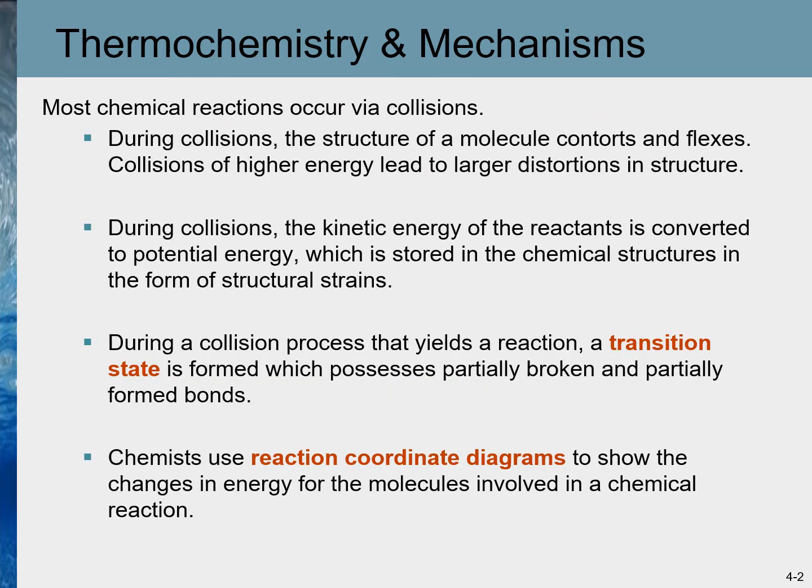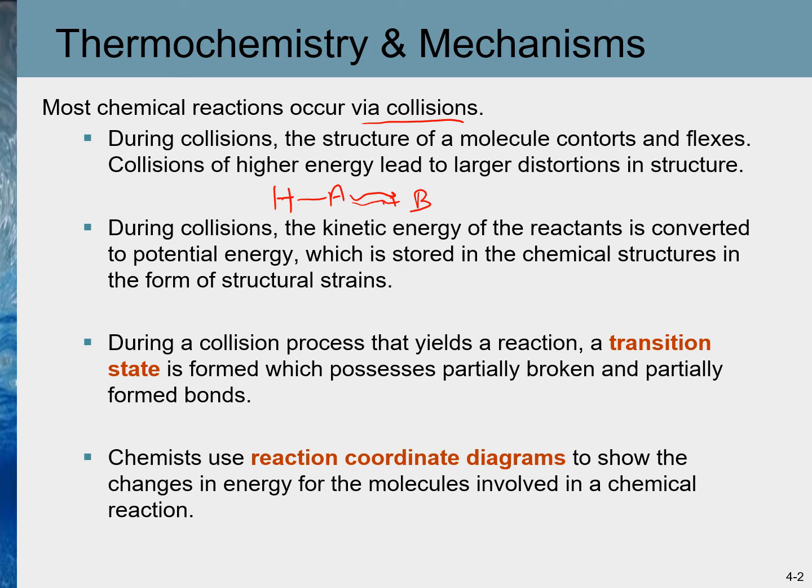Let's review one more time why most chemical reactions take place. Many of these chemical reactions take place via collisions, and during collisions the structure of molecules flexes, and high energy collisions may distort the structure of molecules.